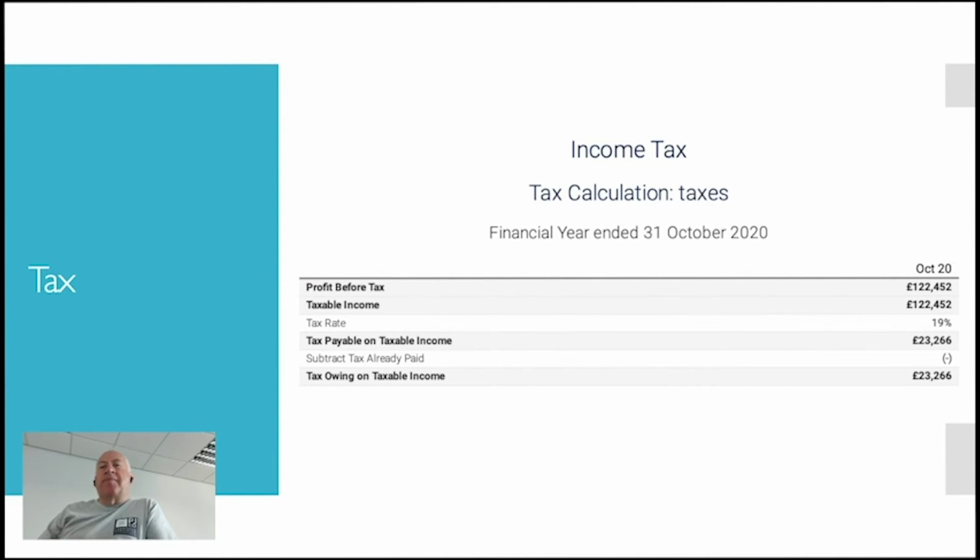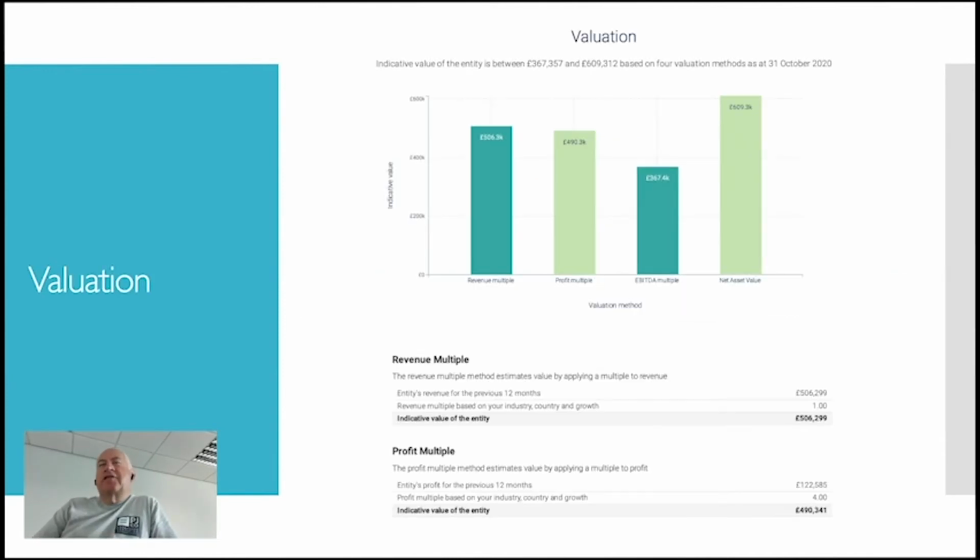The final section we're talking about today, again, is a nicety of Syft. It gives you a valuation of your business. This valuation uses four industry standard valuation methods to come up with a valuation of your business.